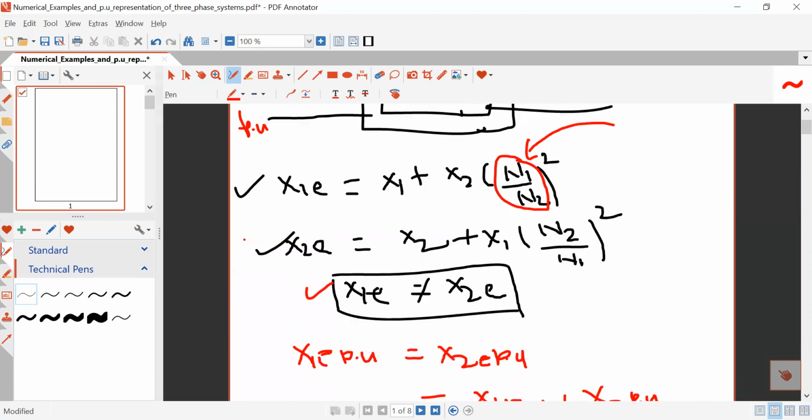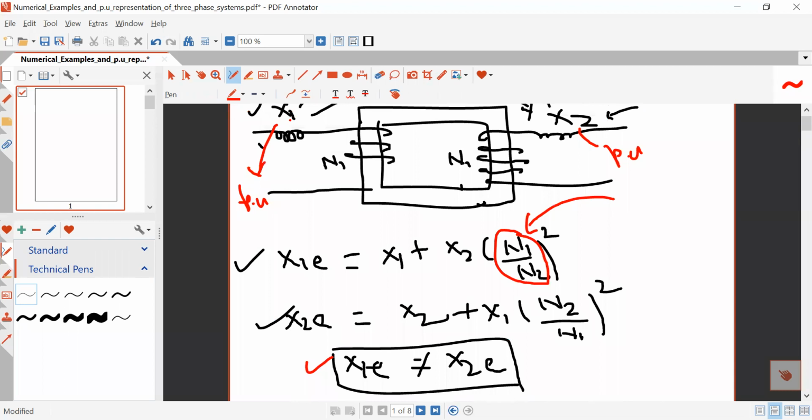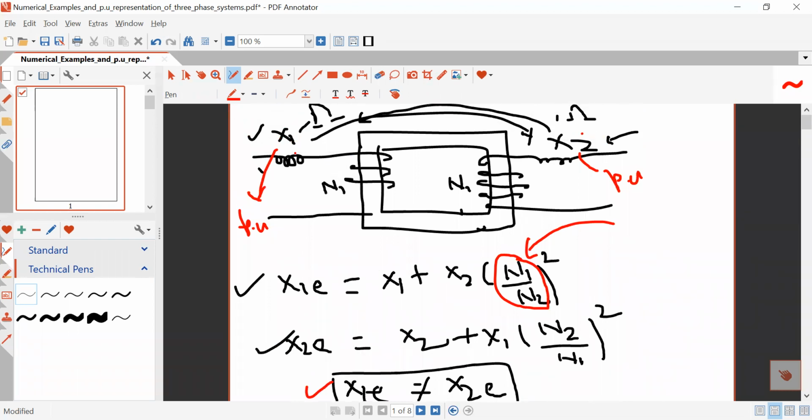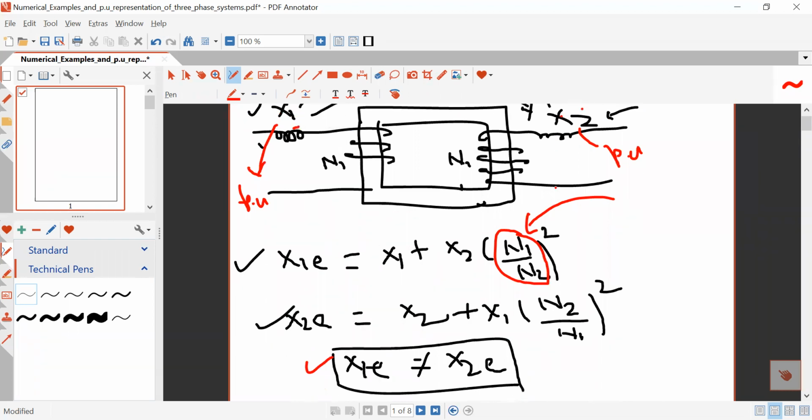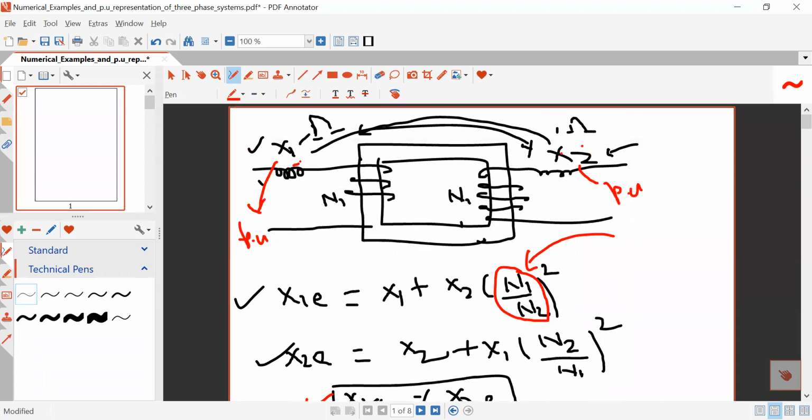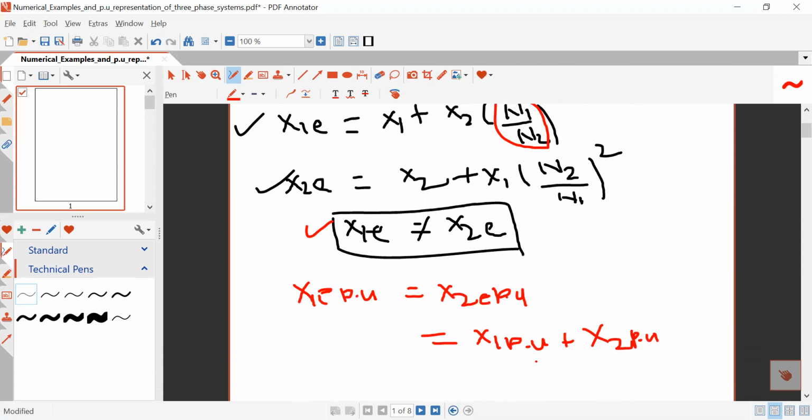So if X1 and X2 are given in per unit system, then by simply adding these two reactances, you can calculate total reactance referred to the primary or total reactance referred to the secondary.